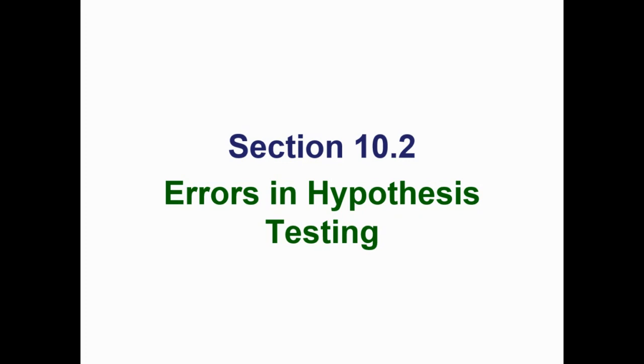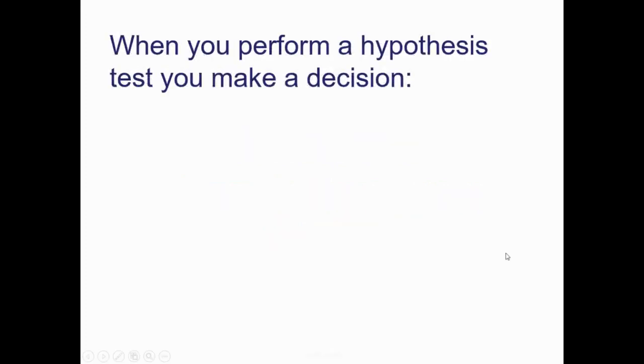Okay, so when we perform these hypothesis tests, we have two decisions. We can reject the null, or we can fail to reject the null. Those are our two decisions that we talked about yesterday.